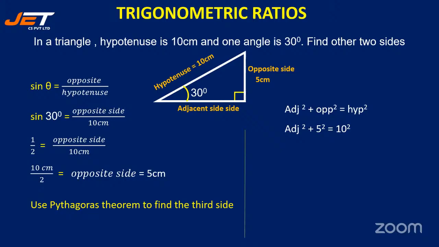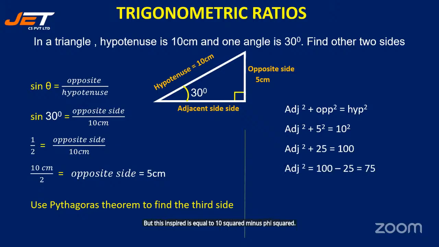So adjacent square is equal to 10 square minus 5 square, which is 100 minus 25, that is 75, which is 5 root 3.